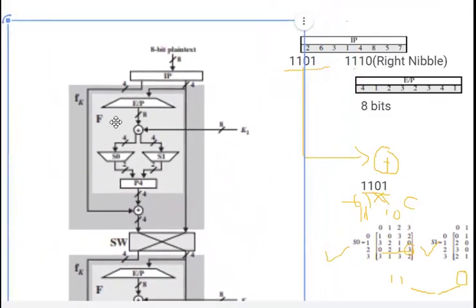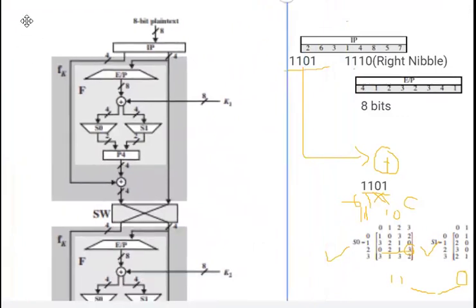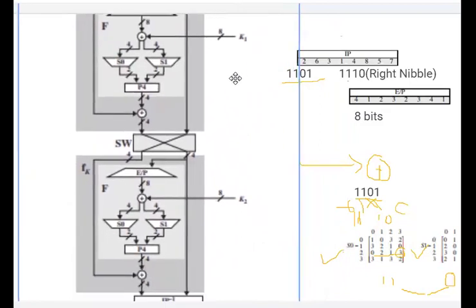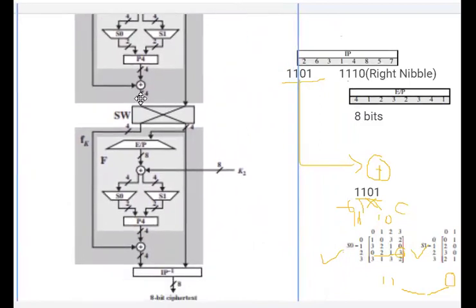Let's see this algorithm in detail. So see here, we are here, right? What we will be doing, we will be swapping left to right, right to left, and then the same operation we have to perform. We have to again divide into 4 bit, then do the expansion permutation.